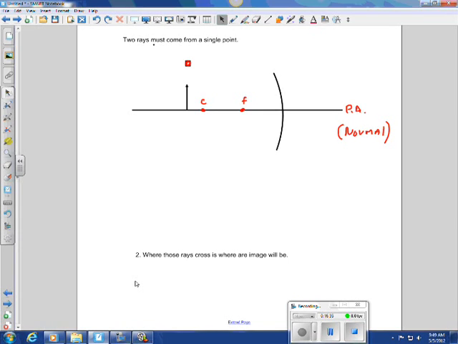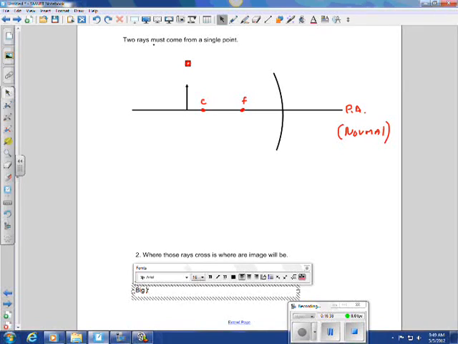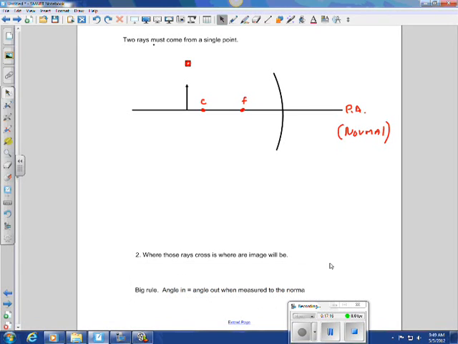Let's call it the big rule. Angle in equals angle out, and we're talking about light rays, when measured to the normal.